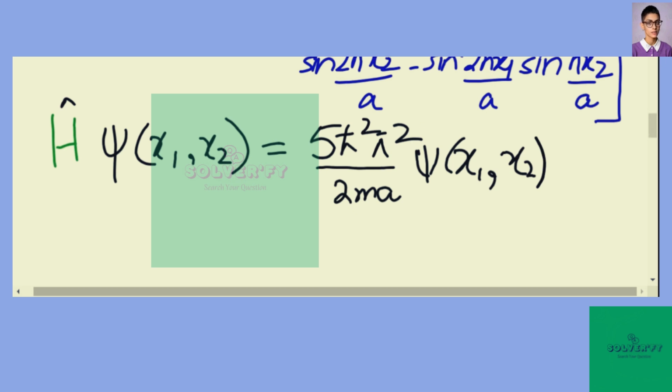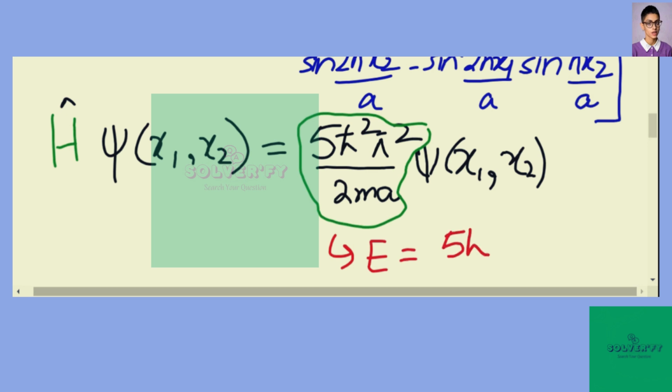Now this over here is basically E. So E is equal to 5 h cross squared times pi squared divided by 2ma squared, that is basically equal to 5K.